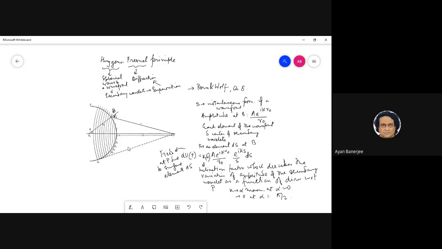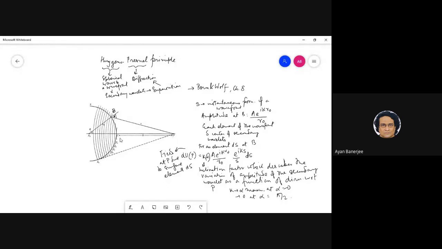So he basically made these Fresnel zones. These arcs of a circle that you see are nothing but Fresnel zones, and they are drawn with radii b, the first one being tangential to the wavefront, having a radius b from the point where I want to measure the field, right?